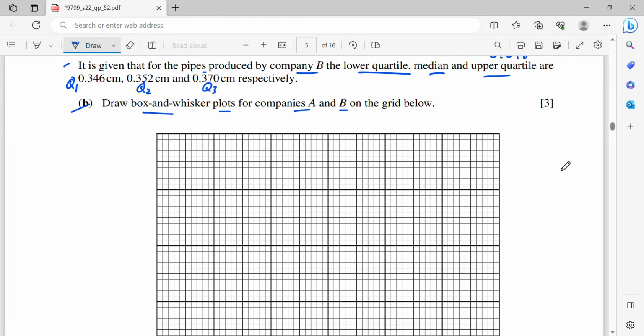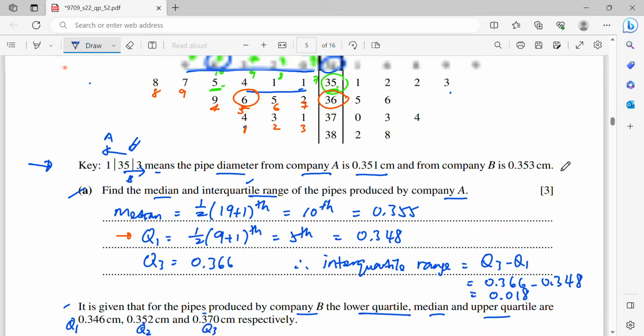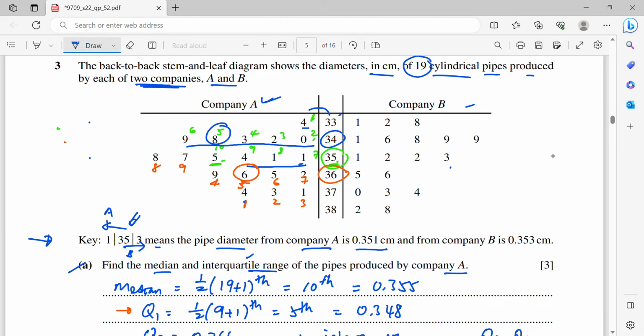Now I will label first. For your information, the smallest data is 0.331 and the biggest value is 0.388.